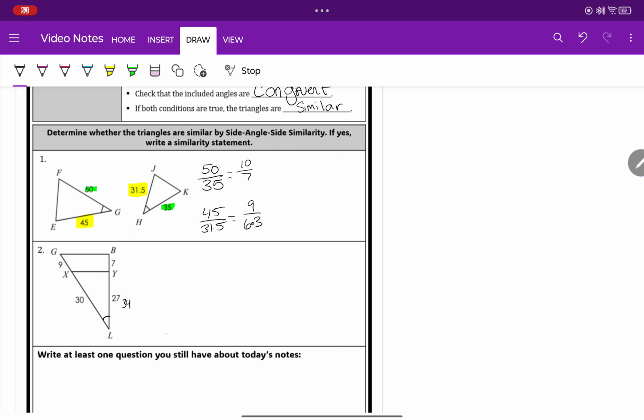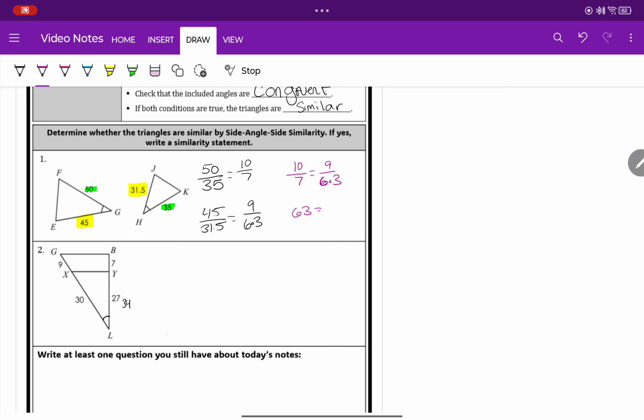I'm going to set my two ratios equal to each other. I'm going to go 10 sevenths is equal to 9 over 6.3. I'm setting my simplified ratios equal to each other because it's smaller numbers to work with. Because if I multiply 6.3 times 10, I get 63.